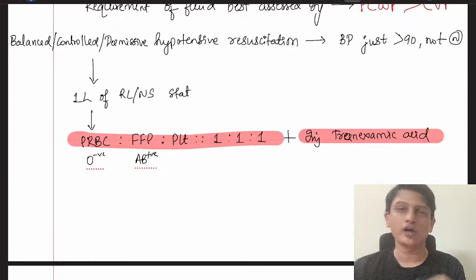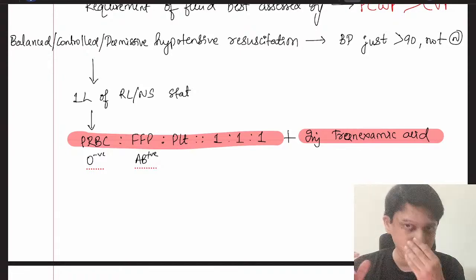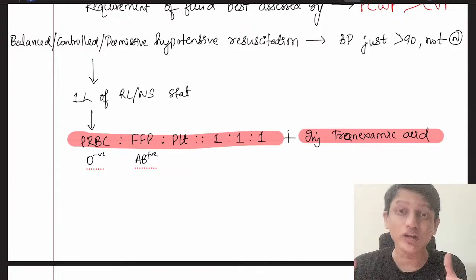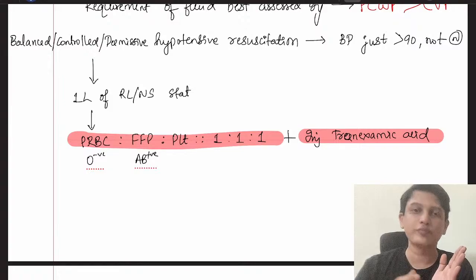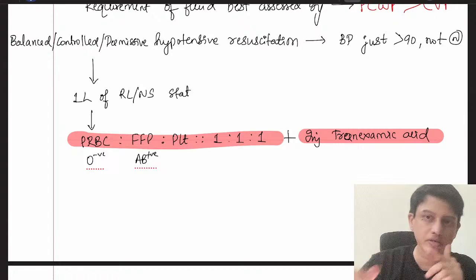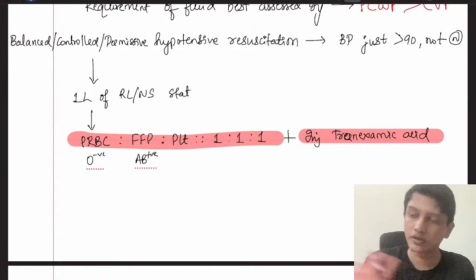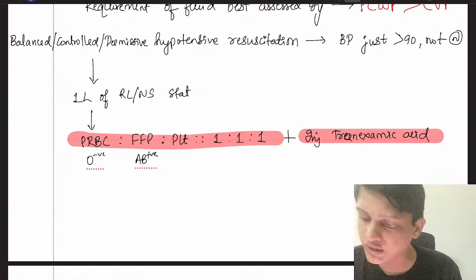Otherwise there will be dilution of the clotting factors. If you give only PRBCs, only RBCs and hemoglobin will increase, but there will be dilution of the clotting factors. So you need to give FFP and platelets also, in the ratio of 1:1:1. If you are giving 3 PRBC, then you have to give 3 FFP and 3 platelets also. That's the norm now. Is it clear now?